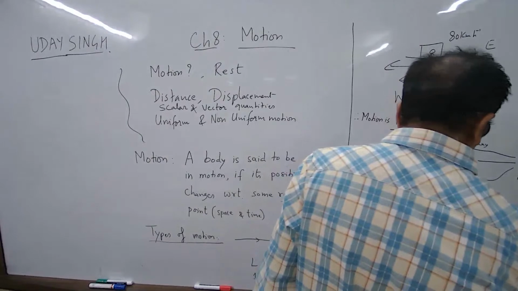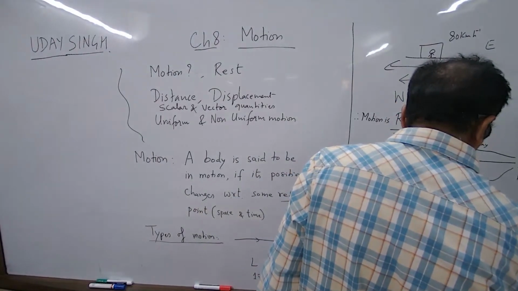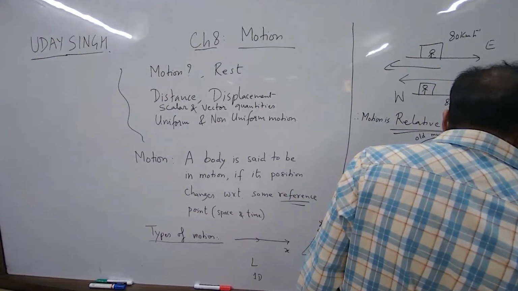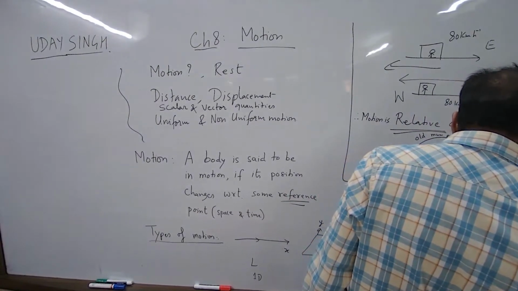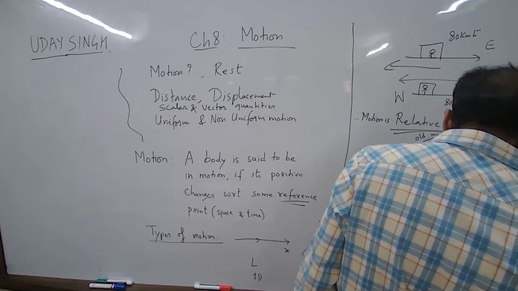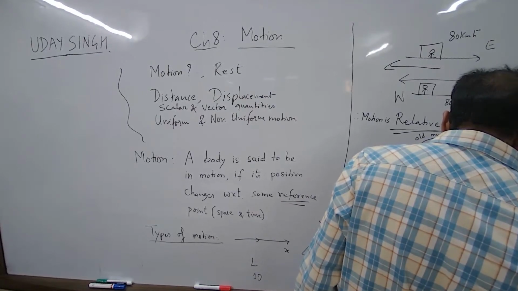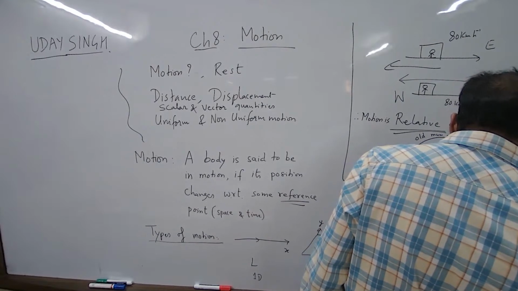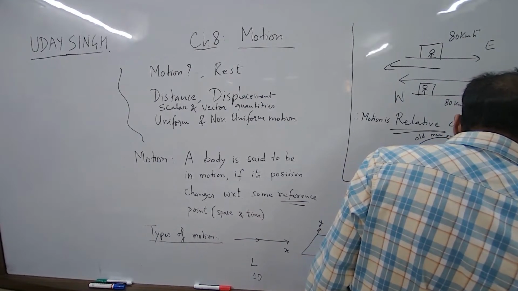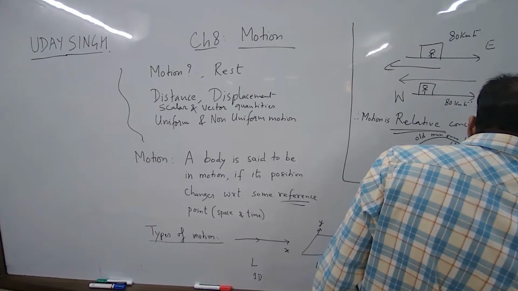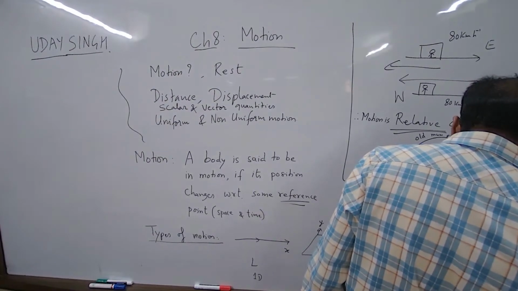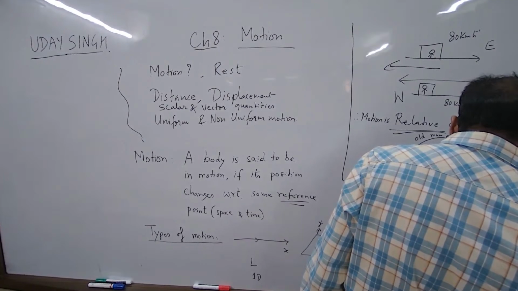Okay? So distance is the actual path length covered by an object during motion.